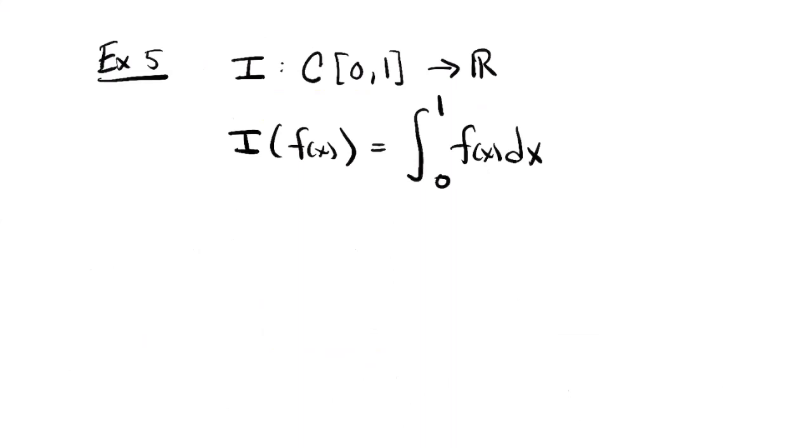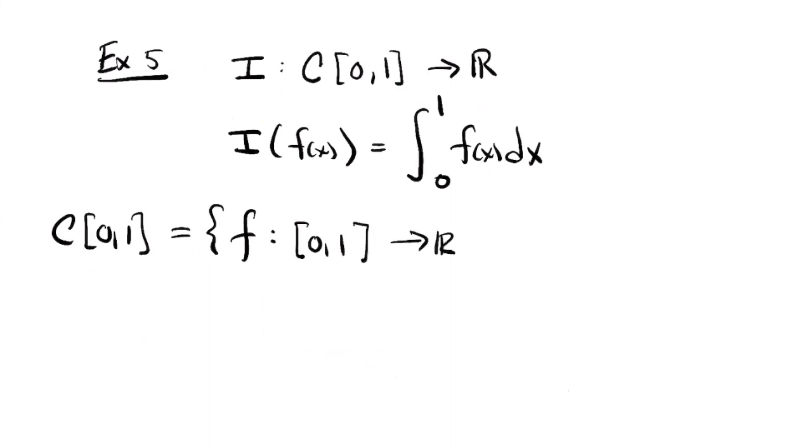Here's another calculus-based example. Same kind of thing. I'm going to keep this brief, but here my map is called I. I is for integral, and let me remind you that C[0,1] is the set of continuous functions on 0 to 1. It's the set of those functions whose domain is 0 to 1.